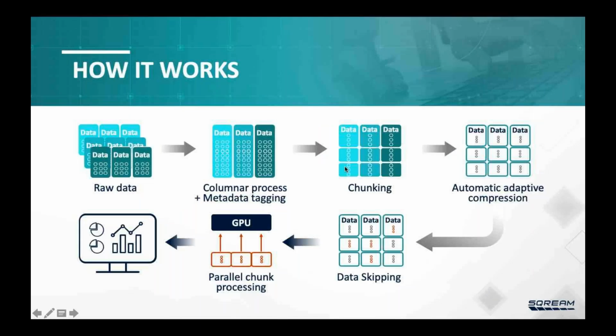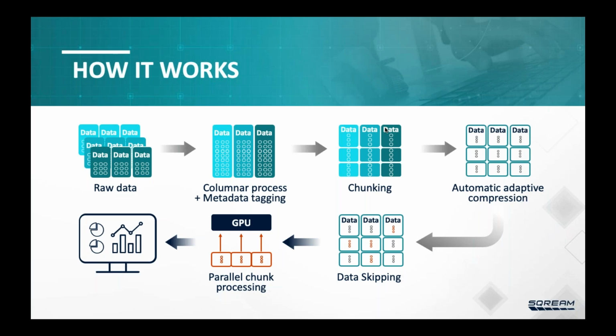So real quick, the secret sauce takes in the raw data without indices. Based on the schema, we build a map or a metadata catalog of where we're going to place the data. We break it into chunks. We utilize the most appropriate compression routine for that data type and that chunk size. We then place that on the flash.